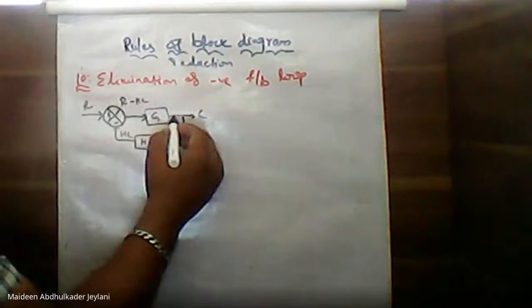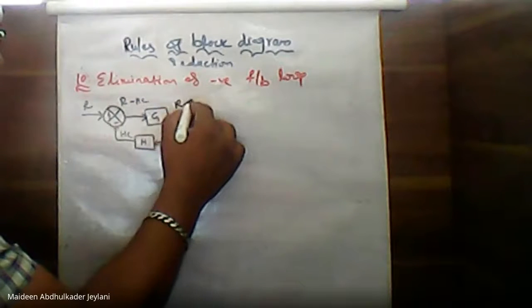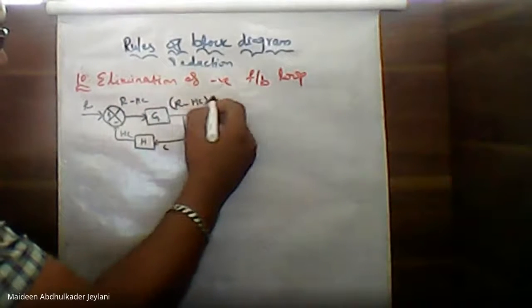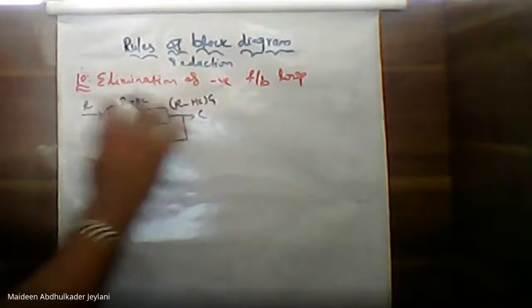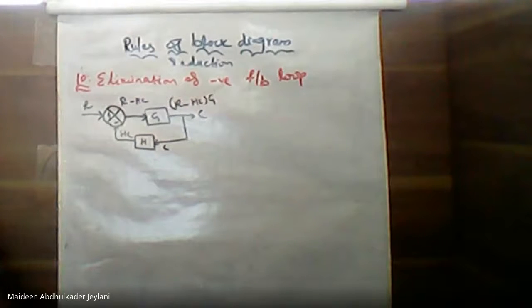So the output of the system gain is R minus HC into G. The product of system gain, R minus CH into G. So that's our final response. Here, how can we reduce this diagram?